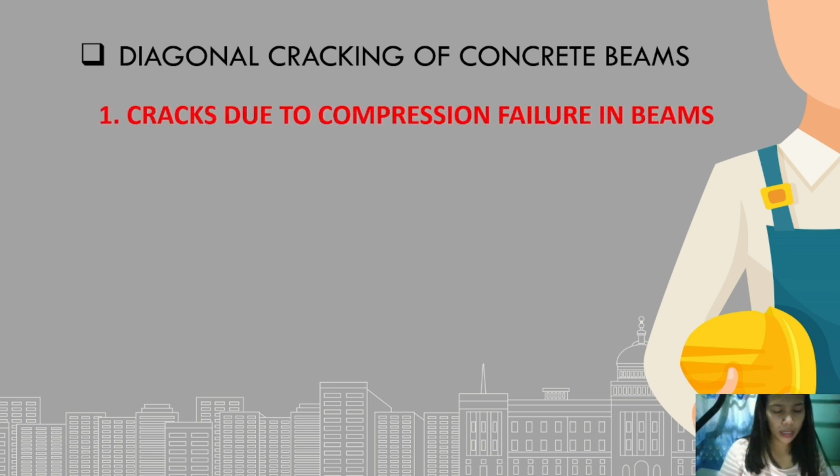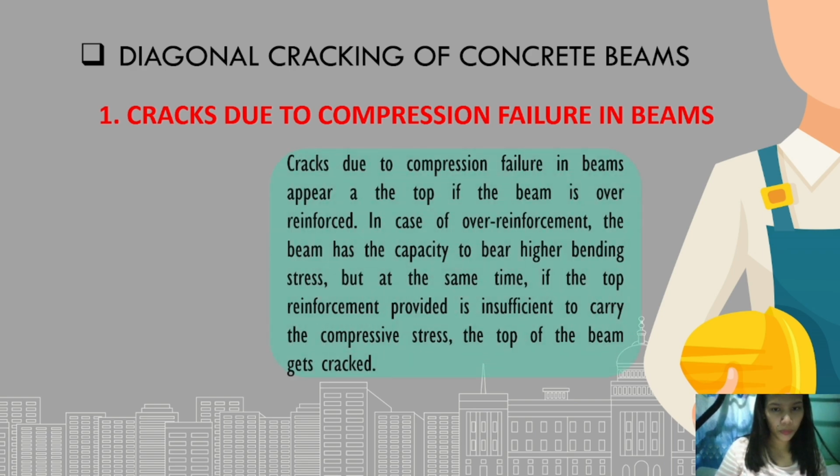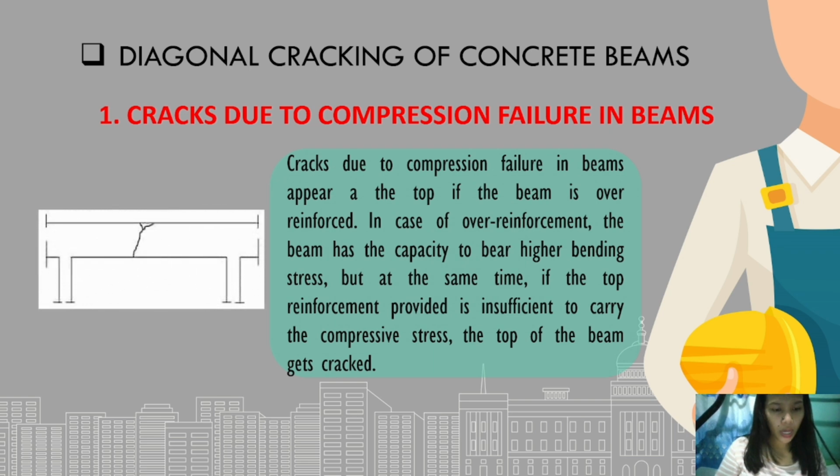So last is the cracks due to compression failure in the beams. Cracks due to compression failure appear at the top of the beam that is over-reinforced. In the case of an over-reinforced beam, the beam has the capacity to bear higher bending stress.